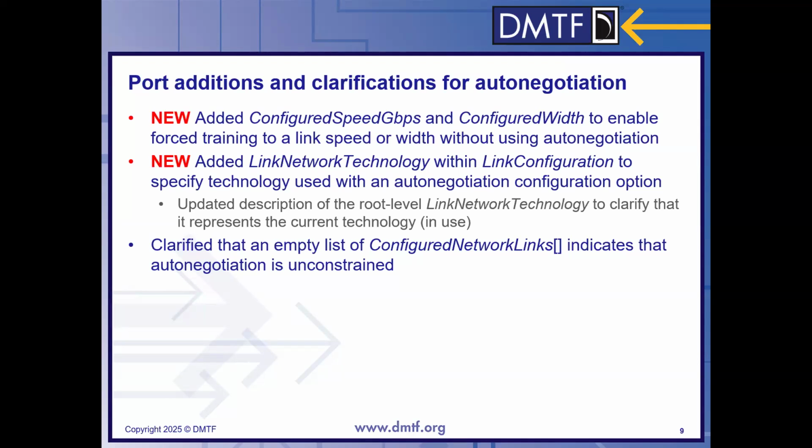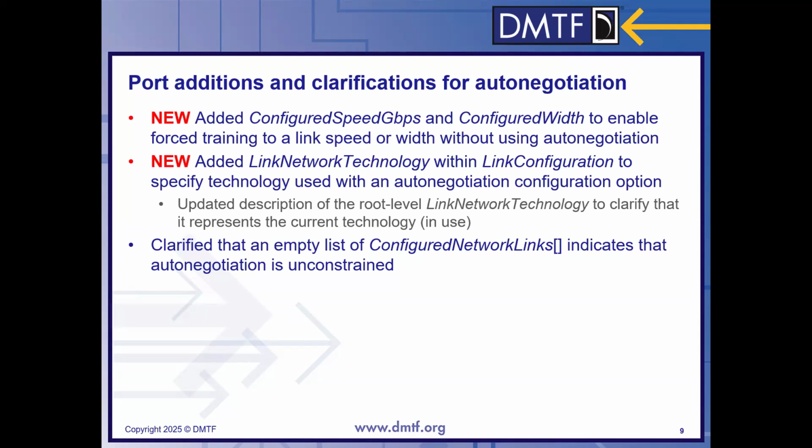The structure today is you have an array of allowable speeds and widths that can be applied as part of auto negotiation when you bring up your link with another port. But what we were missing was the fact that you can't just statically apply it outside the context of auto negotiation. So we added a couple of new root level properties, configured speed gigabits per second and configured width. If you have auto negotiation disabled, you can manually say, I want this speed and this width on this port.